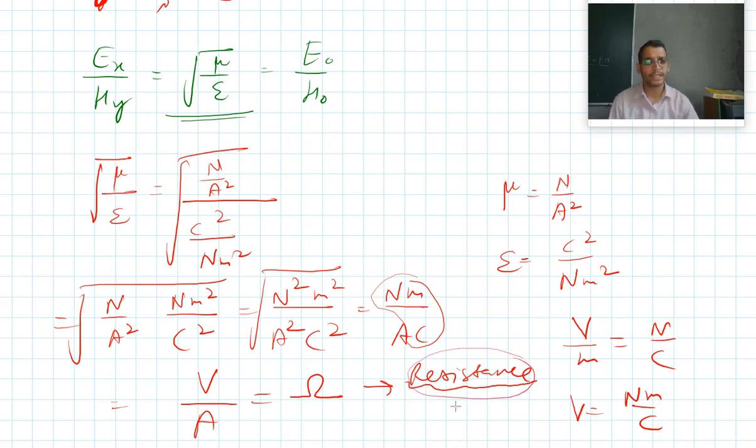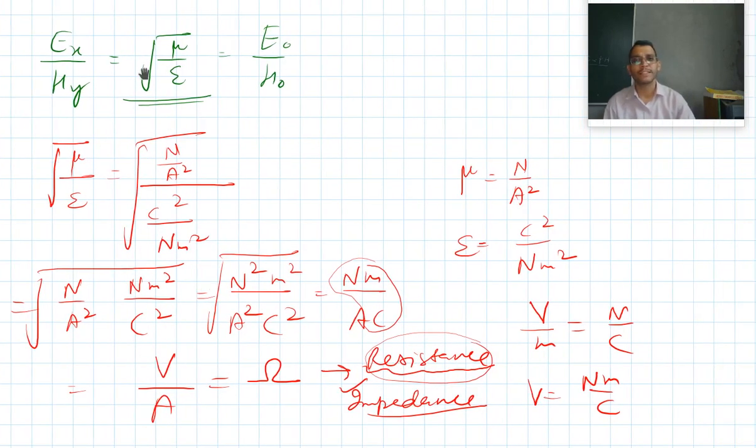Because of that it is not a resistance but an impedance, as we talked about in the case of inductor and capacitor. So it is the unit of impedance, and that's why this quantity is known as the characteristic impedance, right?